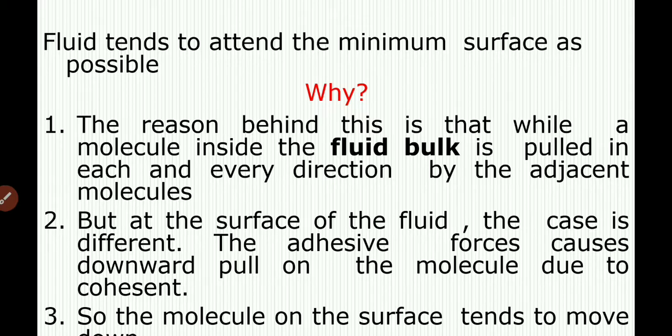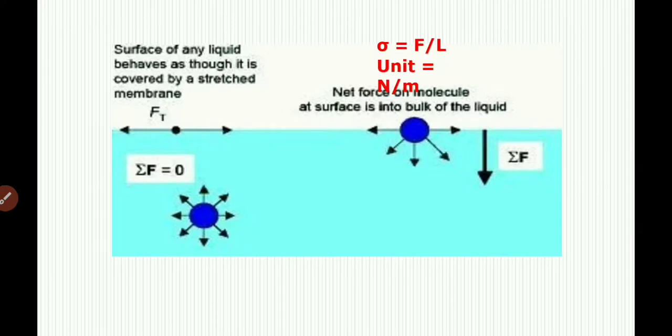The cohesive force may be defined as the force of attraction between the molecules of the same substance, as well as the adhesive force is the kind of force of attraction between different substances such as glass and water. So the molecule on the surface tends to move down.